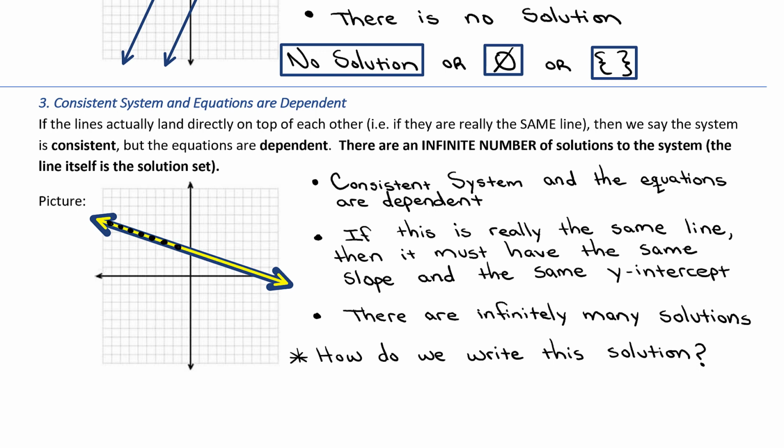Because once again, what we're looking at here is all of the points that the system has in the solution set, which is all the points these lines have in common. They have infinitely many points in common, all the points that actually land right on top of the line. So the solution is all of the points on this line.